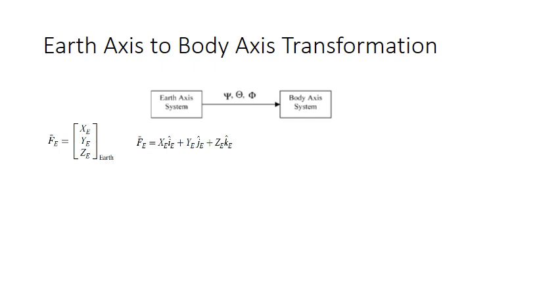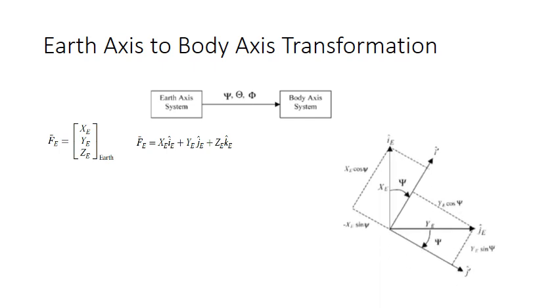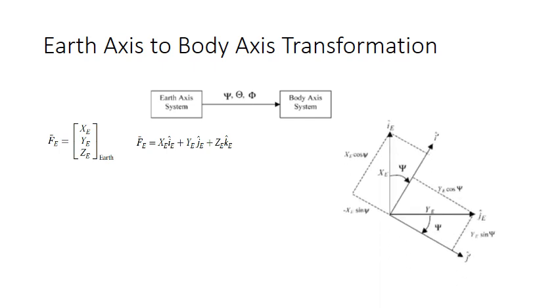If we rotate through the angle psi about the Z Earth axis, k hat, which is perpendicular to the screen, we end up in some intermediate axis system i dash hat, j dash hat, and k dash hat, which will be coincident with k hat.